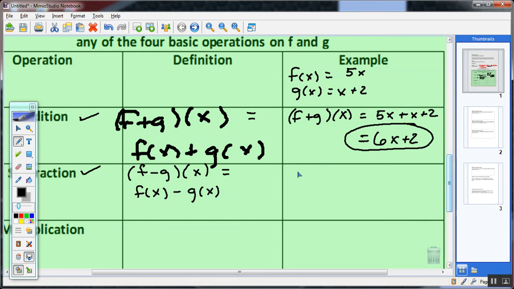Okay? So let's talk up here. What would f minus g of x equal up here, kids? Well, what is f of x, kids?